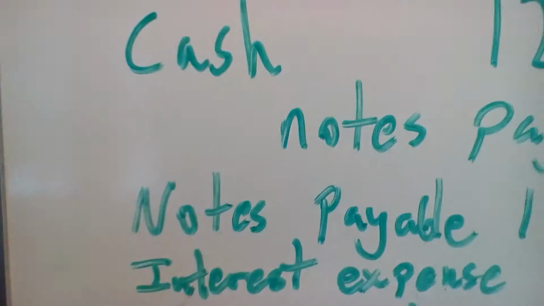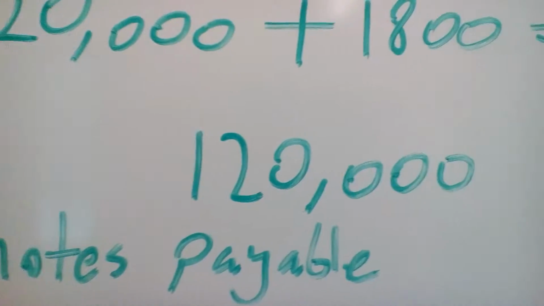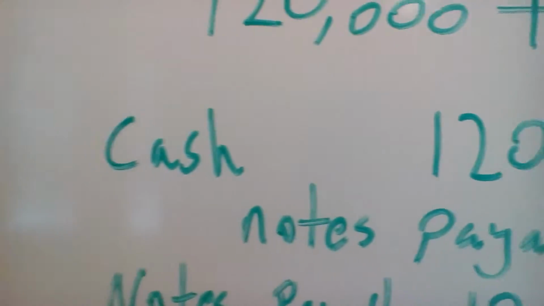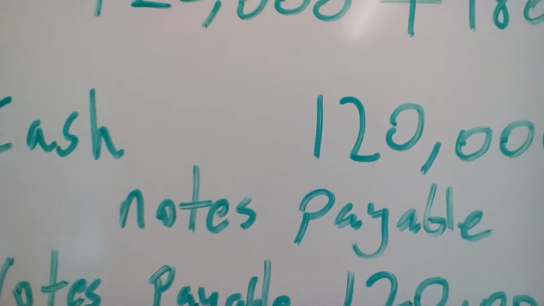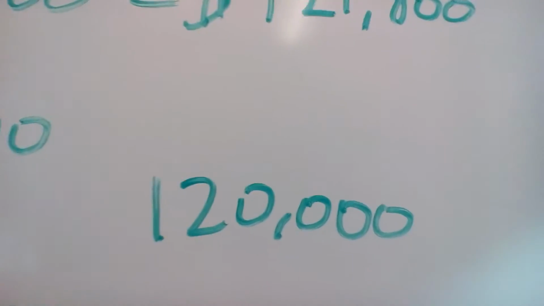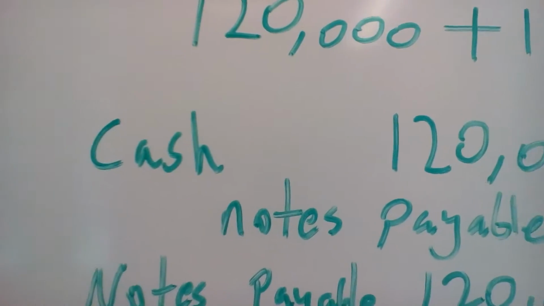And if you come down here, the journal entry would be you debit cash to get it. So the bank, or the supplier or the business, gave you cash, and then your payable is the same amount, so 120,000 notes payable.